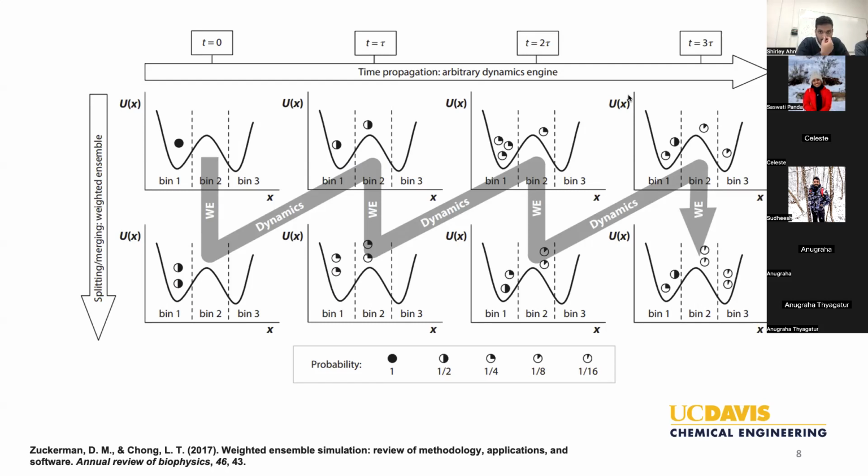Can you talk a bit more on how not requiring a bias potential helps this versus other techniques like umbrella sampling? So when you are applying a bias potential to the trajectories, you are actually forcing that particular trajectory to move in a certain direction that you want.